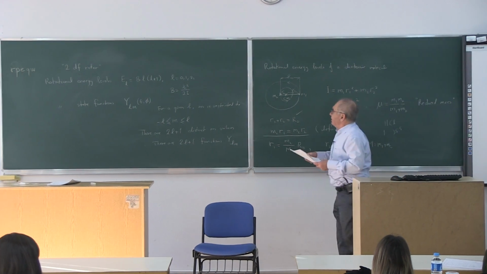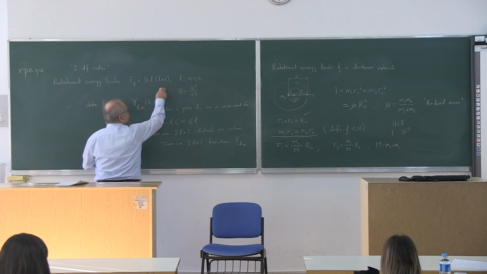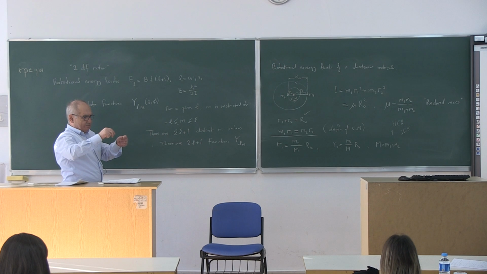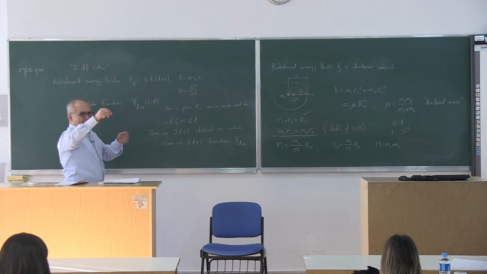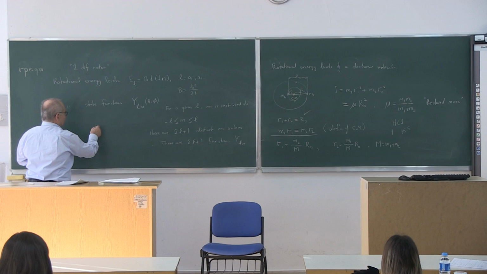Now, in this problem, we are talking about the rigid rotation of a single particle with mass m. And it was rotating on the surface of a sphere.